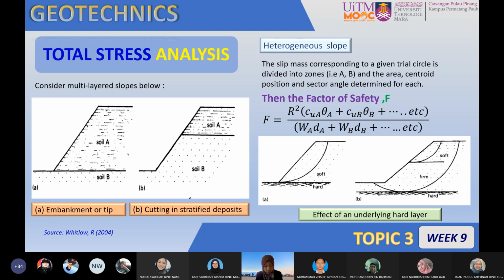The next one shows the conditions where we try to analyze total stress for different cases, such as the embankment or tip, figure A, then the cutting in stratified deposit, B, and the next one is the effect of underlying hard layer.